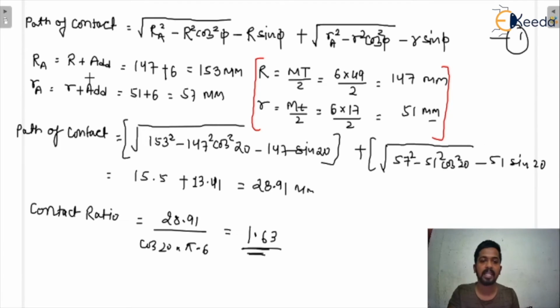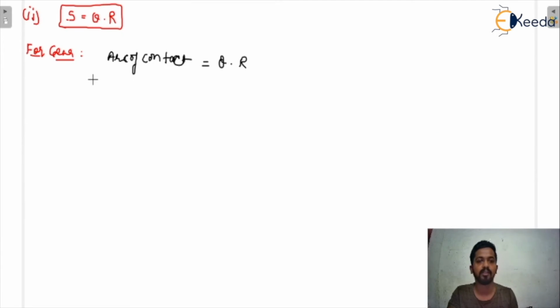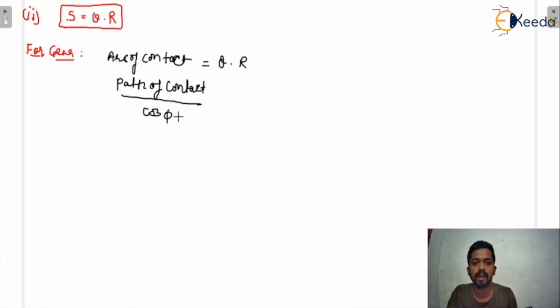Now we have to calculate the arc of contact, and that is path of contact upon cos phi. That would be the same for gear as well as pinion; arc of contact will be the same. Path of contact upon cos of phi is theta into r, radius of pitch circle.